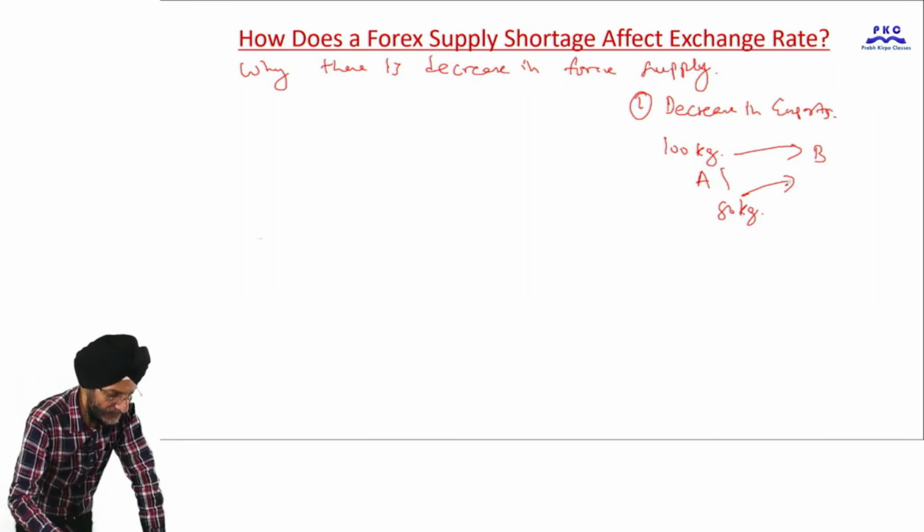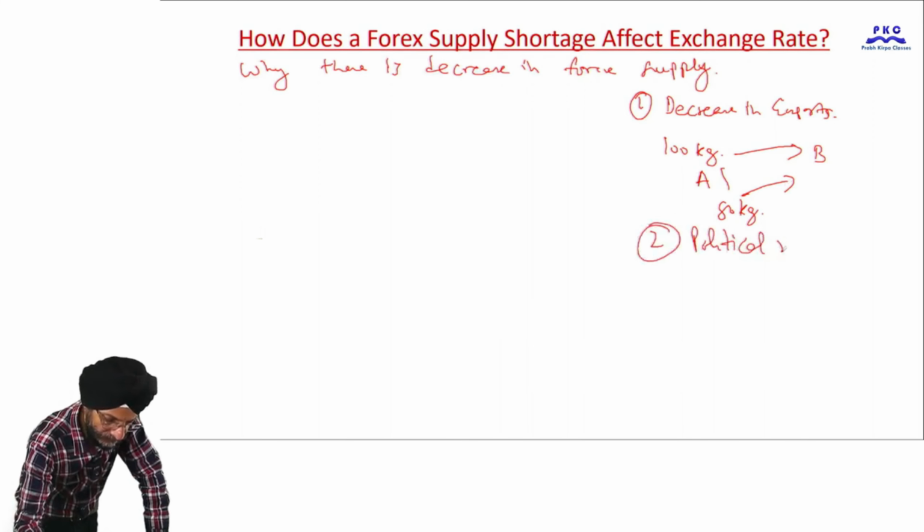Next is political instability. Foreign direct investment or portfolio investment comes into any country if there is political stability. Investors from the rest of the world like to make investment in politically stable countries.